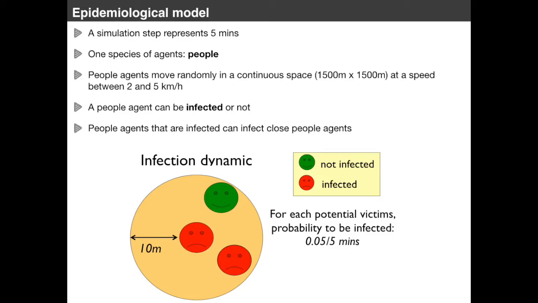If a people agent is infected, it will have at each simulation step a probability of 0.05 to infect each of the people agents that are at 10 meters. We are now going to show you how to build such a model.